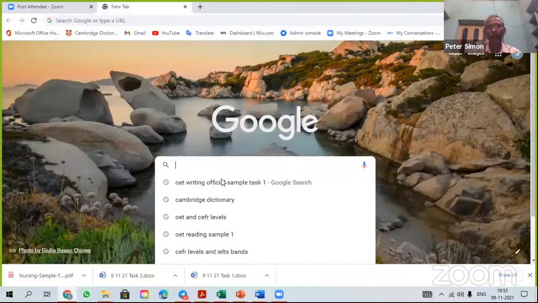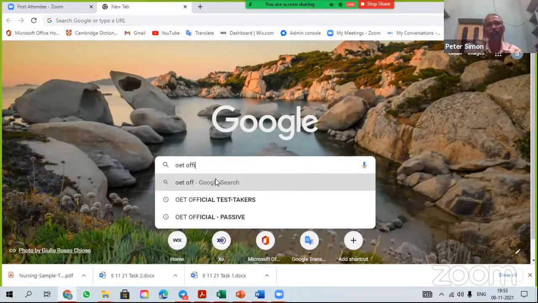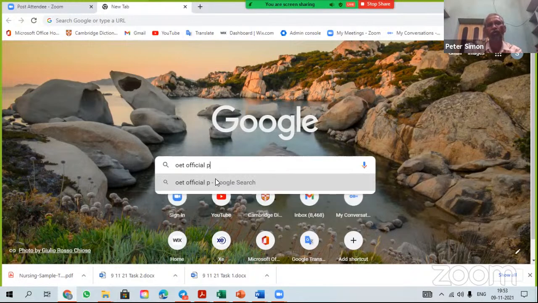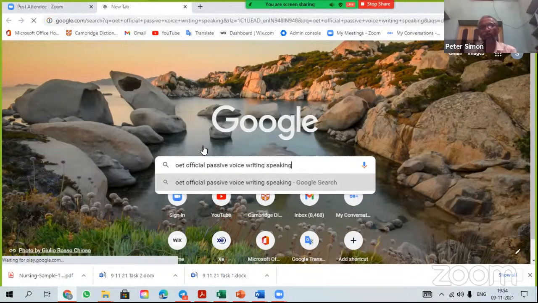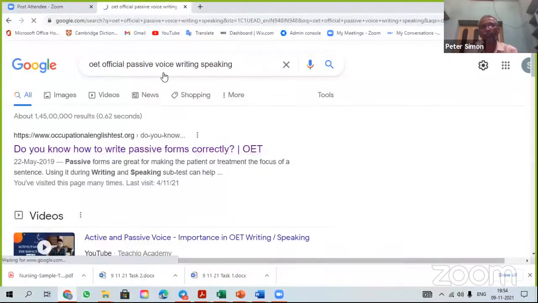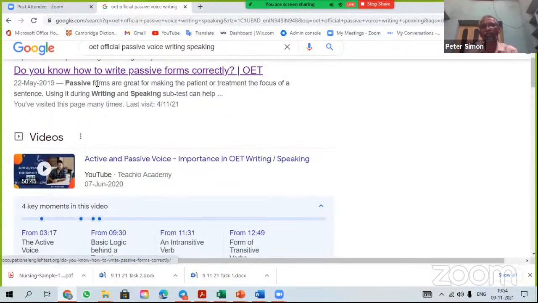Now, OET official: passive voice, writing and speaking. Do you know how to write passive forms correctly?